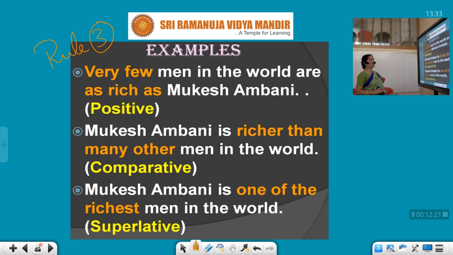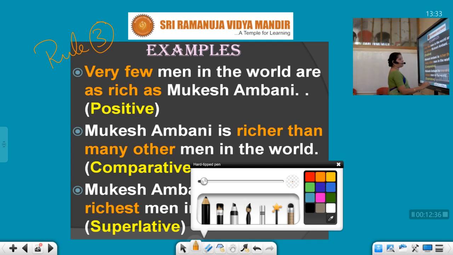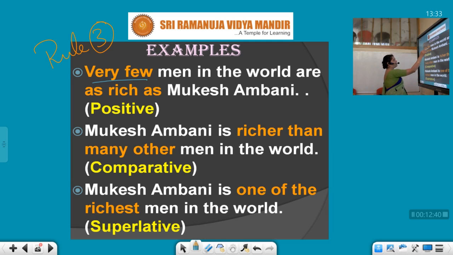In your rule 3, very few men in the world are as rich as Mukesh Ambani. So here I wanted to show that Mukesh Ambani is not the only person who's rich in India. Along with him, some other people are also rich. So he's one among them. Very few men in the world are as rich as Mukesh Ambani.